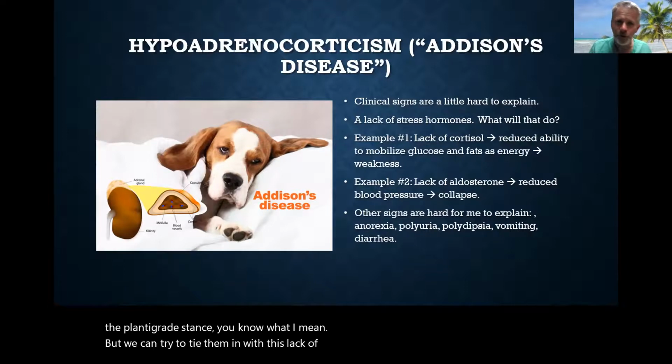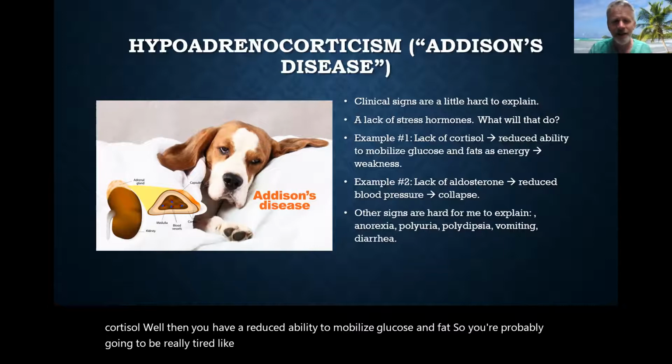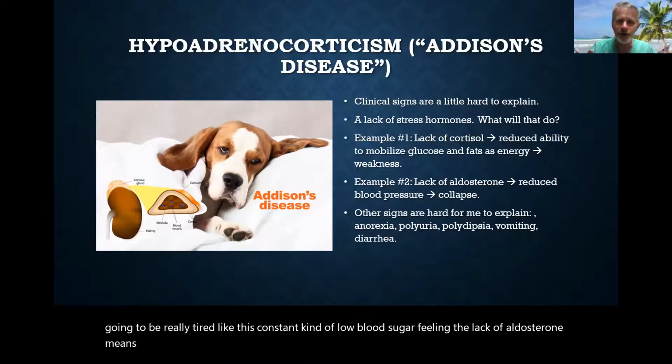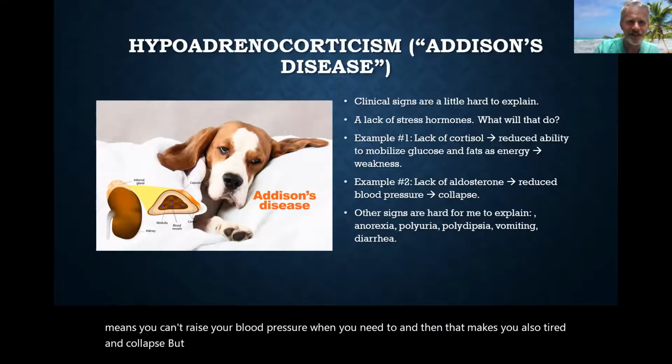For example, if you lack cortisol, then you have a reduced ability to mobilize glucose and fat. So you're probably going to be really tired with this constant low blood sugar feeling. The lack of aldosterone means you can't raise your blood pressure when you need to, and that makes you also tired and collapse. But again, these signs are kind of hard to explain.